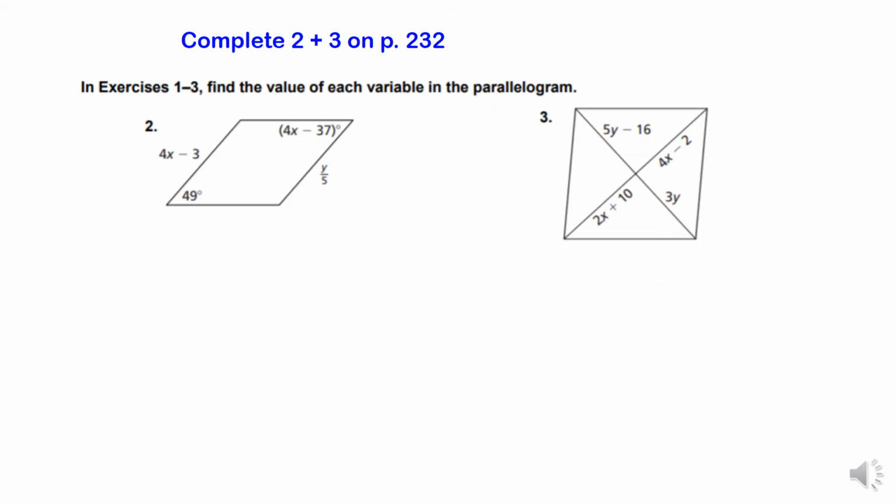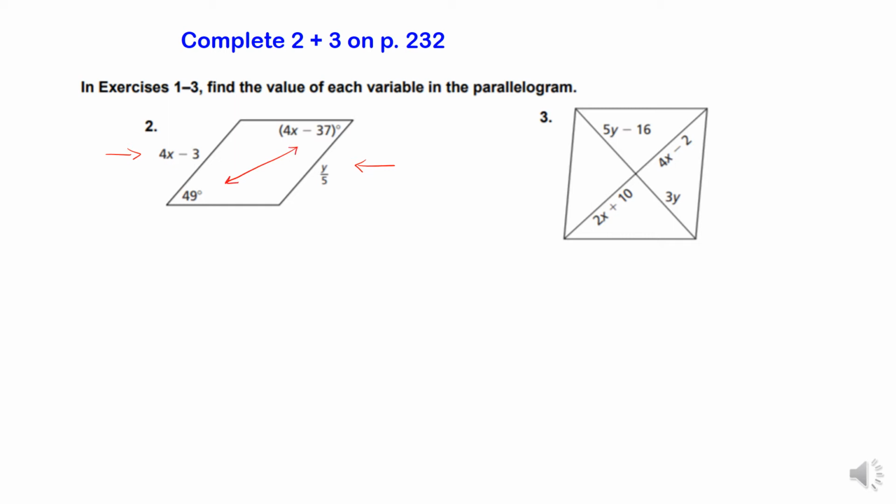Okay, so using these theorems that we just learned, we've got the parallelogram opposite side and opposite angle. They want us to find the value of x and y in each of these pictures. Now, the first thing I noticed is that if I tried to use the side theorem again, I have an x and a y. But if I do the opposite angle one, I have just an x.